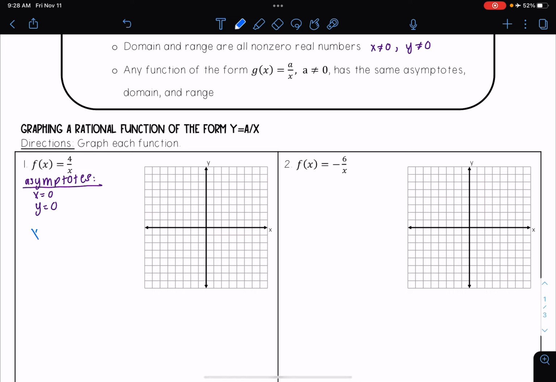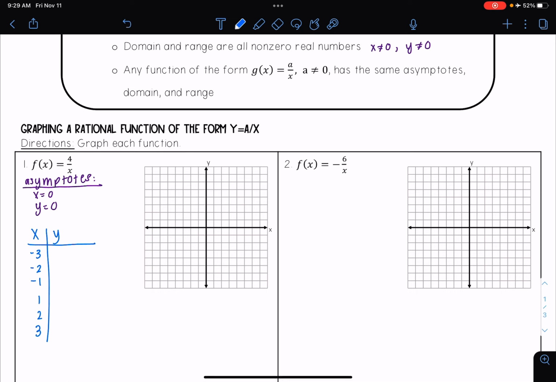Looking at making a table, we have x and y. We want to choose some points on the left-hand side of our vertical asymptote and on the right-hand side. Our vertical asymptote is x equals 0, so three values to the left are -3, -2, -1, and three values to the right are 1, 2, and 3.